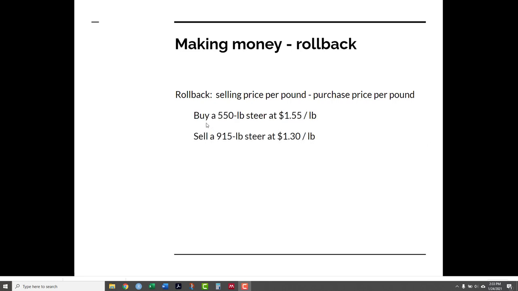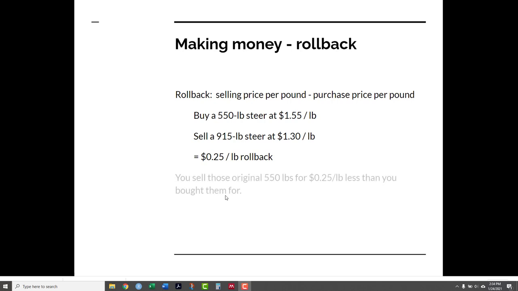If you buy a 550-pound steer, for example, you might buy that steer at $1.55 per pound, or $155 a hundredweight. And you might sell a 950-pound steer or 915-pound steer at $1.30 per pound. So the rollback in this scenario is the difference in these two prices, which is 25 cents per pound, or $25 per hundredweight.